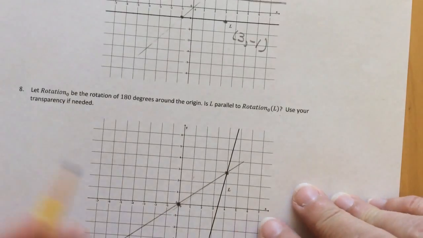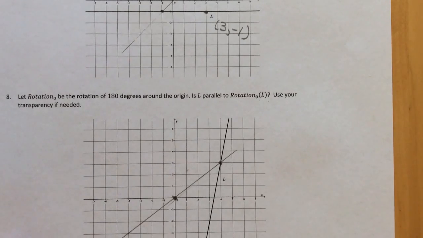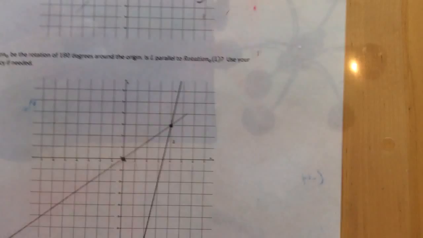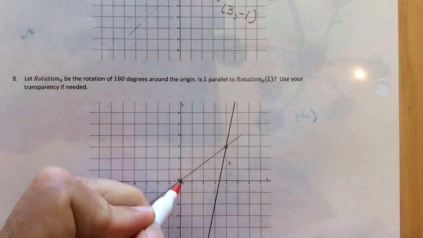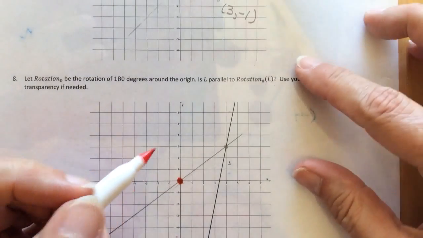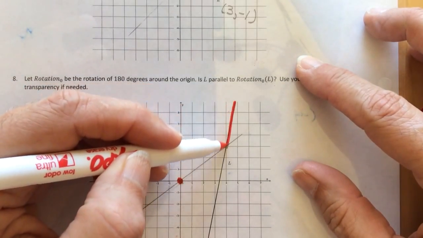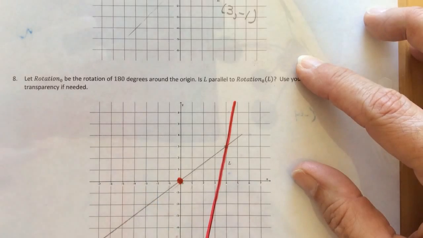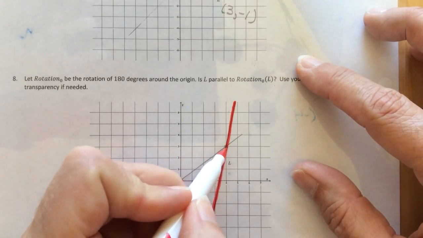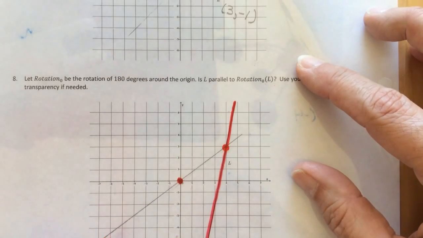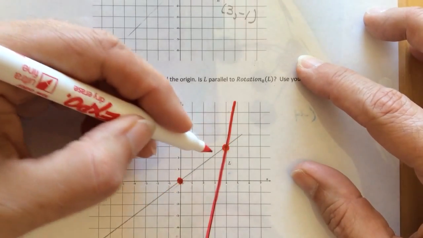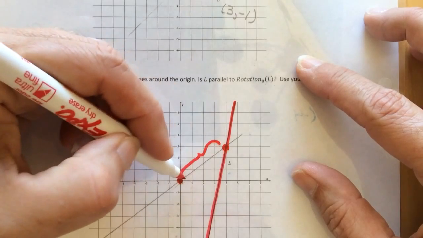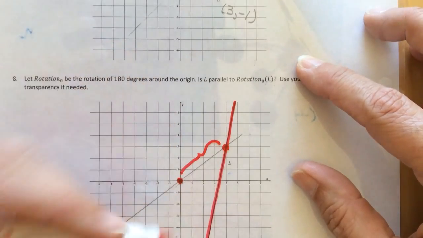All right, so I'm going to use my transparency, and I've drawn a point here. Let's look at this. I have my center of rotation. Don't get confused about which line is which. This is the line we're rotating right here, line L. And here's the point on that line that I know is going to have to be collinear here. It's got to be this same distance from the origin, but somewhere down this line.